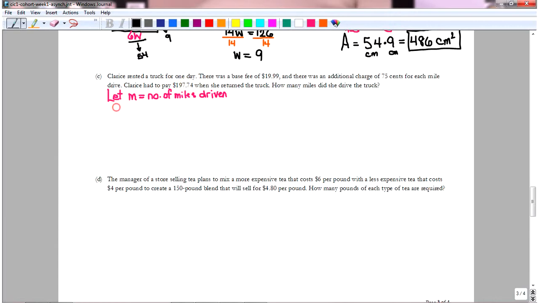If she started off with a base fee of $19.99, added to it was 75 cents per mile. So if there are a total of m miles driven, she's going to have to pay 75 cents times m, whatever the number of miles is. Once we add that together, this should give us her total of $197.74.